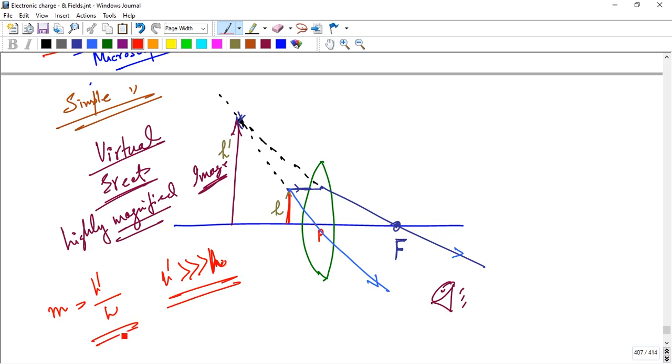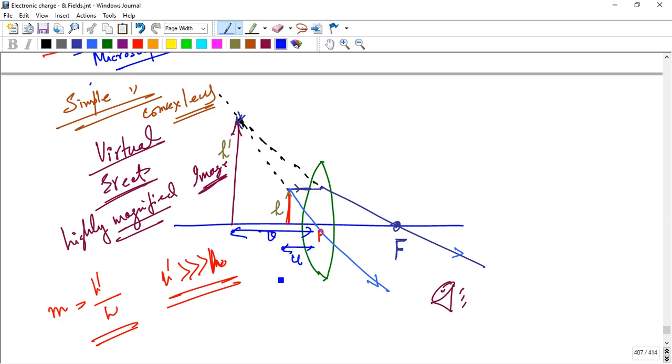That's a simple microscope with the help of a convex lens. Design a simple microscope with the help of a convex lens, and that is the image distance v, that's the object distance u.